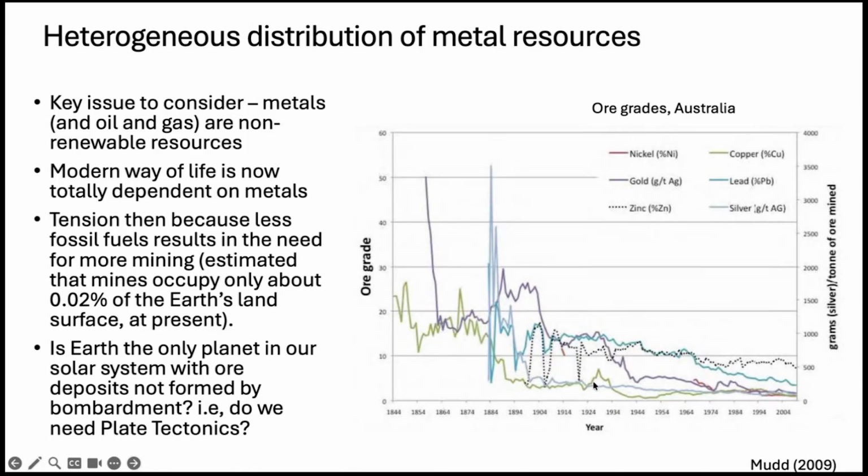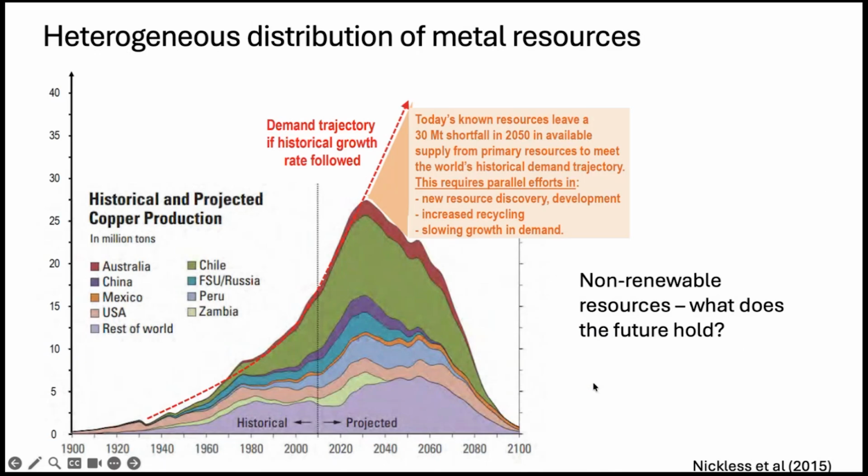What's going on here? Okay. So here's a projection. It's for 2010, but the basic idea and the number of papers is the same. This is just for copper production in millions of tons on the y-axis and year on the x-axis for different jurisdictions.